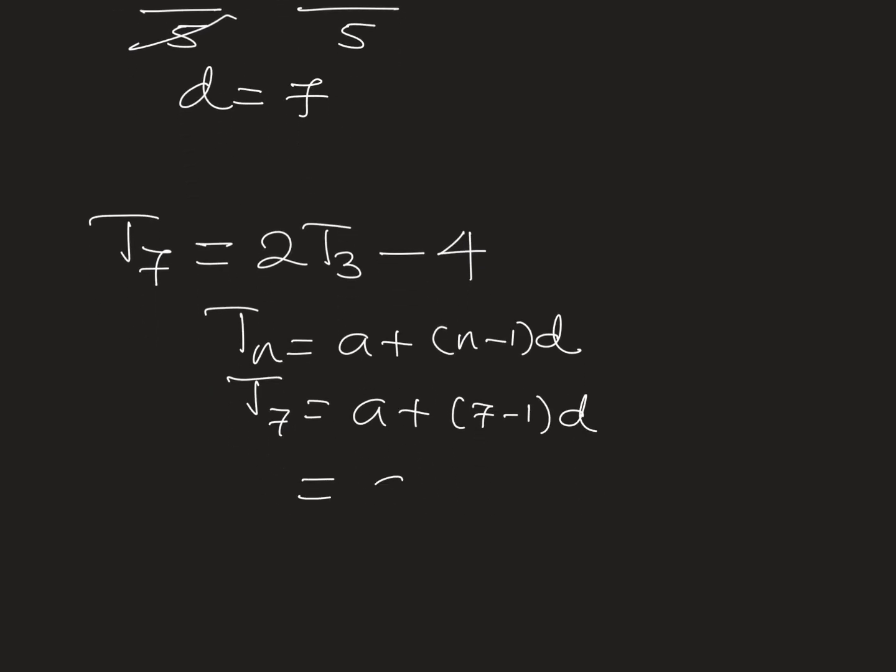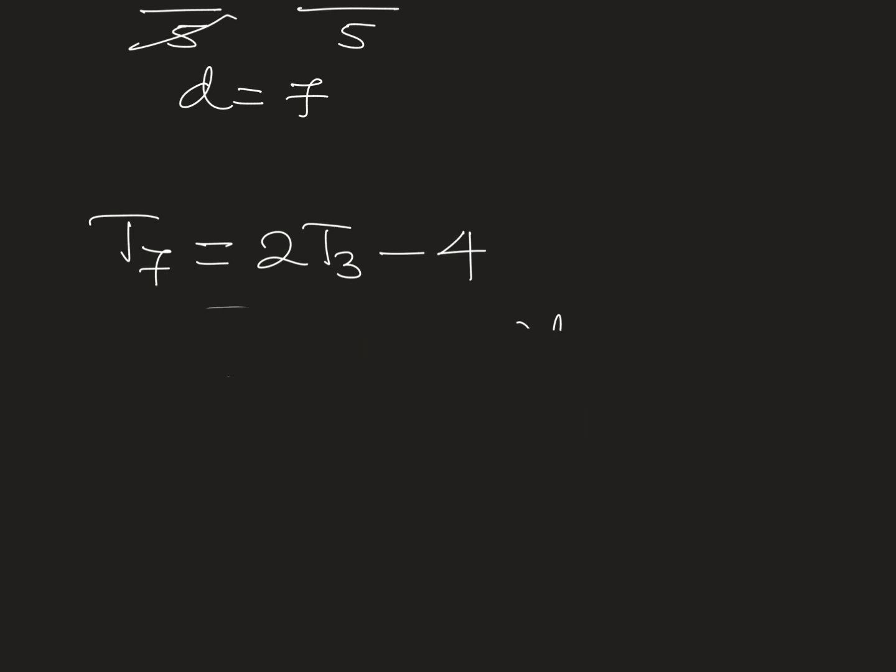So that will be a plus 6d, right? That is what we're going to have for the place of t7. All right, so let's write that. t7 is a plus 6d.